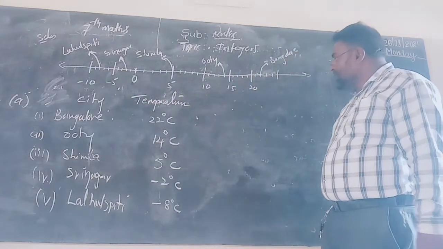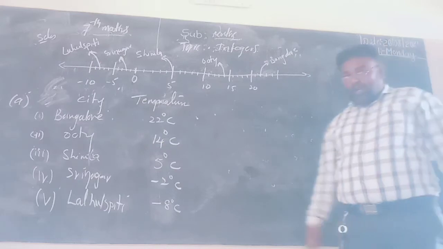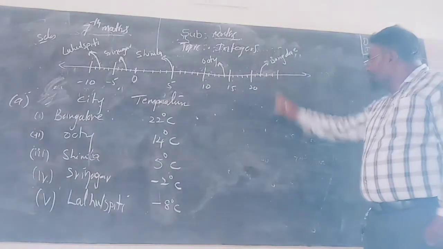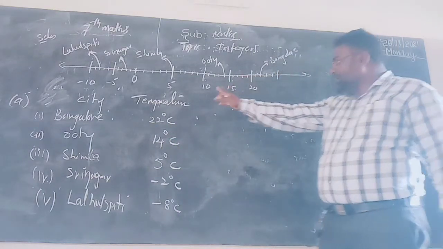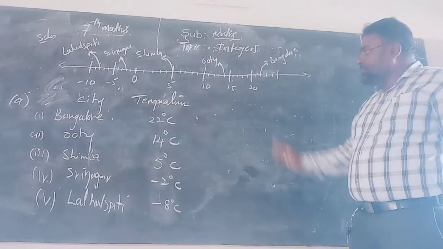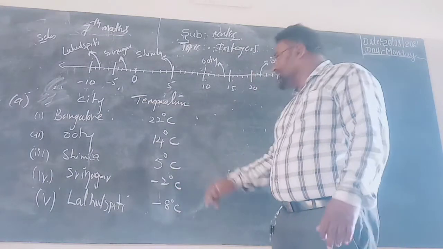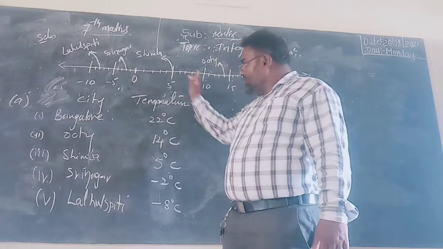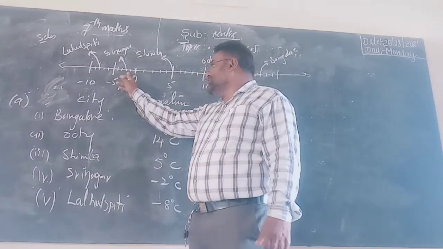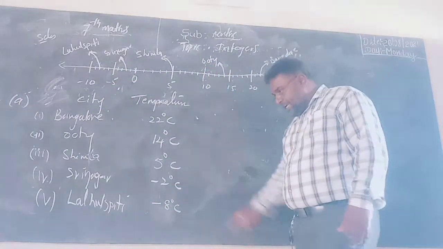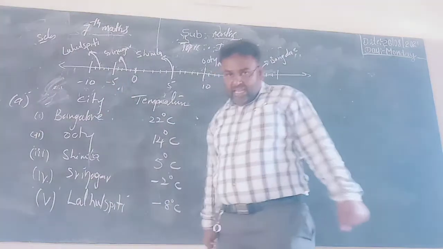From the diagram given, Bangalore's temperature is 22 degrees. Second, Ooty's temperature is 14 degrees centigrade. Shimla's temperature is 5 degrees centigrade. Srinagar's: from 0, forward we take positive, backward we take negative, so that is minus 2 degrees centigrade. Lahul Spiti's temperature is minus 8 degrees.